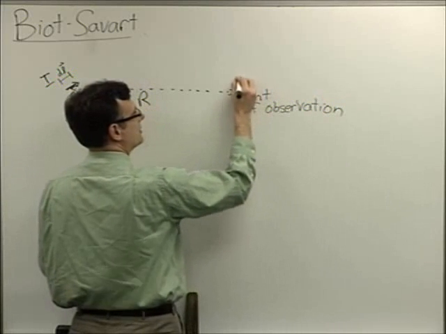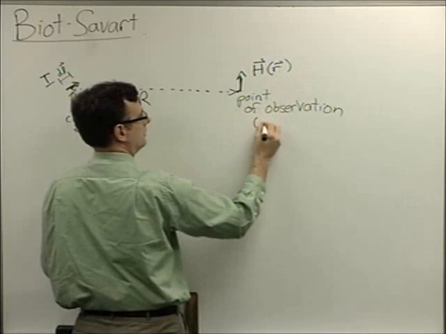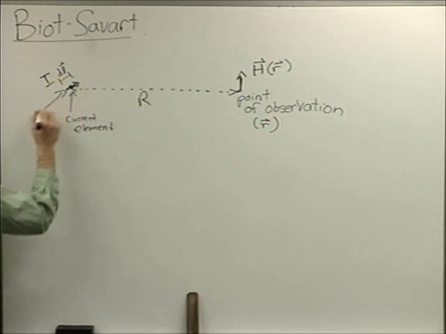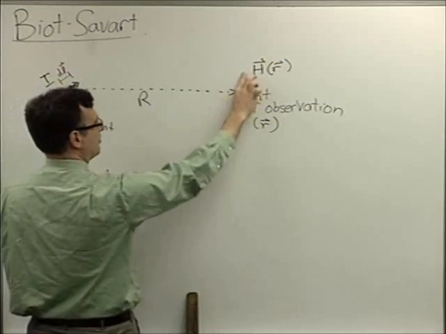And in some direction there will be an H field at that point of observation R. We will call the vector position of this thing R prime, which will eventually turn into our variable of integration as we look at a more difficult problem. So let's see, I should probably be consistent here. If I've got this, it's kind of going into the board. Let's pretend this is going into the board. And by the right-hand rule, we know that the H field is probably going to point down at that point of observation.